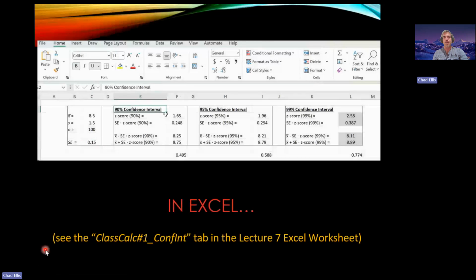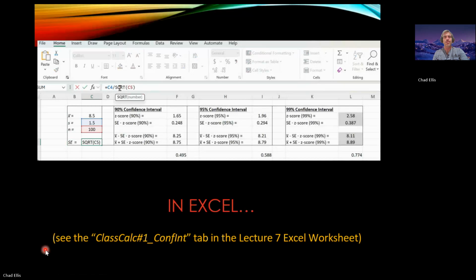So here's just going through the calculation in the Excel spreadsheet, which I'll put in Moodle. So I set it up here. There's my sample mean, 8.5, my sample standard deviation of 1.5, my sample size is equal to 100. And then down below, you can see where I have calculated my standard error. Click on that. You can see there's the equation, which is going to be the standard deviation divided by the square root of the sample size.